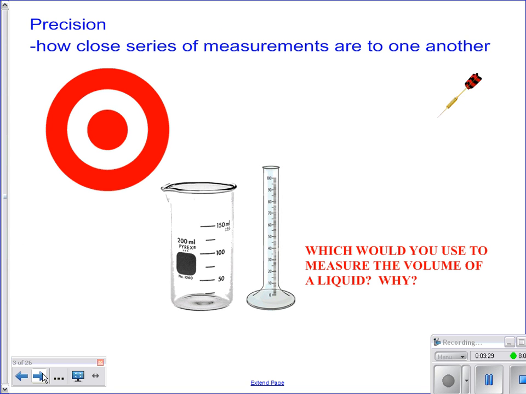And then, of course, precision is how close a series of measurements are to one another. This really goes back to what our equipment is. Precision is dictated by the type of equipment that you use. Here we have 2 different pieces of equipment. Hopefully you know from previous science classes that this would be a beaker, and here we have a graduated cylinder.